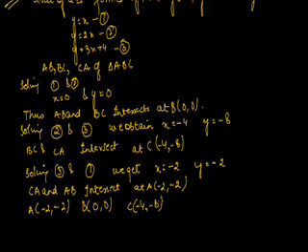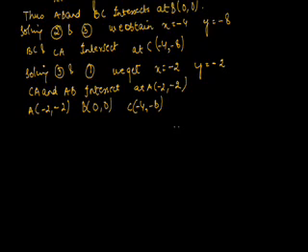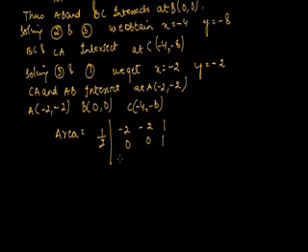We can find the area by the determinant method. Area equals half of the determinant with rows minus 2, minus 2, 1; 0, 0, 1; minus 4, minus 8, 1. Solving this, we get 4 square units.